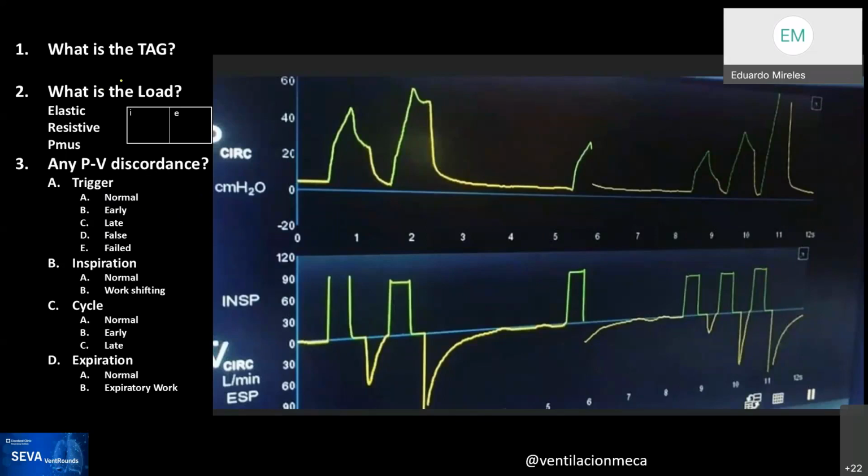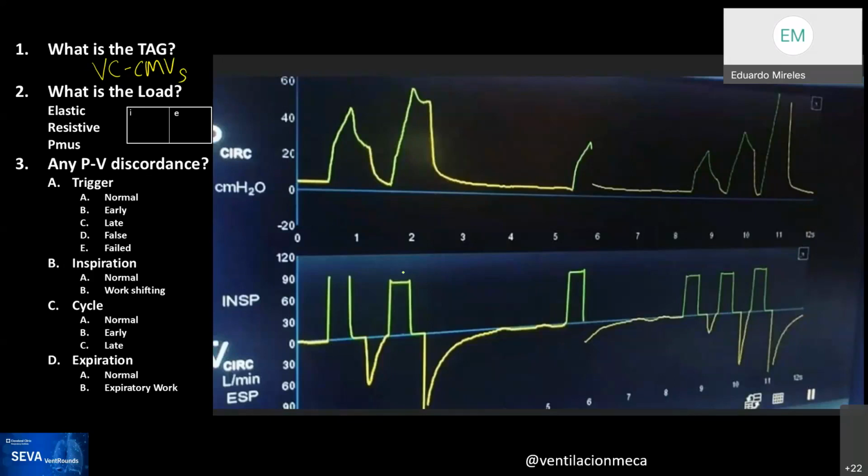All right, let me walk you through these. So the first one is, what is the tag? I'm going to venture to say that this is volume control CMVs, although the S, I'm going to tempt Rob to slap me a couple of times, but it generated some anxiety in me.